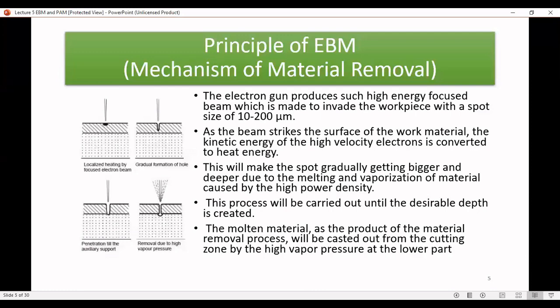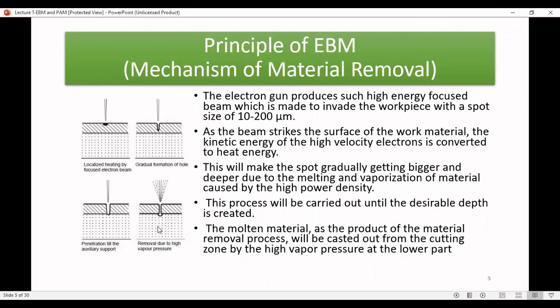So you have melting and vaporization of materials here. As time goes by, you have formation of a hole, right? And once it penetrates through to the auxiliary support, what happens then? The auxiliary support material will be melted and vaporized also, and this produces a pressure that pushes the molten material out of this hole.